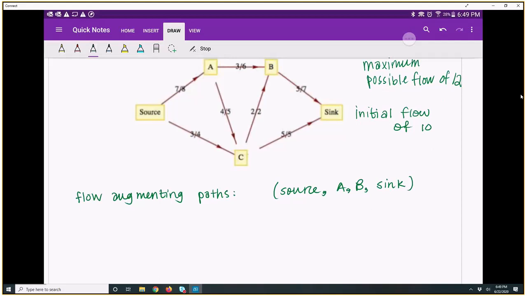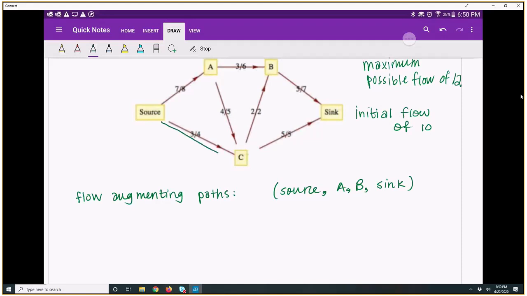Now, if I look at the edge from C to sink, it's clear that this is already at the maximum capacity. So I'm not going to be able to send anything there. I'm going to have to instead divert the flow so that it goes from B to sink. But this edge from C to B is also already full. So what I can do is use this edge in reverse when I'm looking for my flow augmenting path.